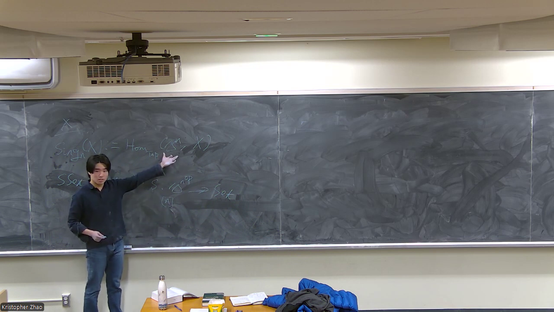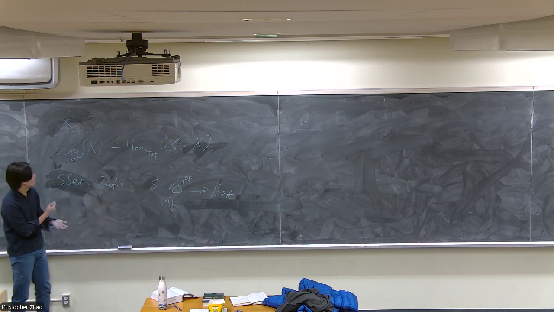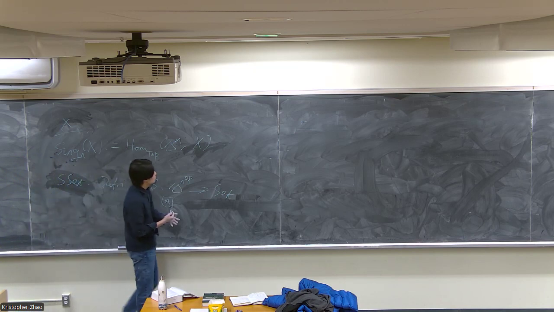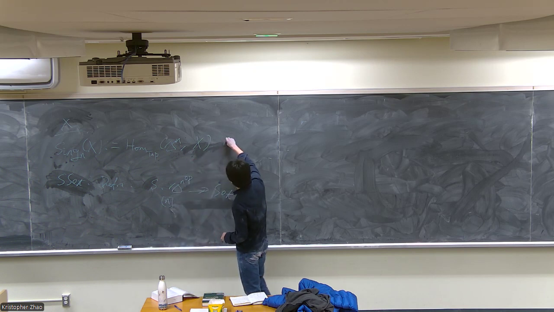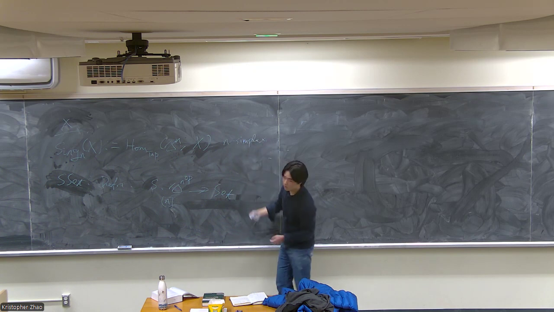Ideally, this should make sense. This gives a set of continuous functions which are called the n-simplices. Isn't that just like the chain group?